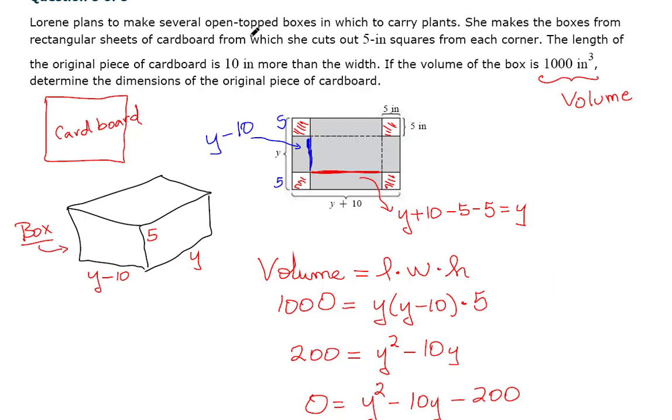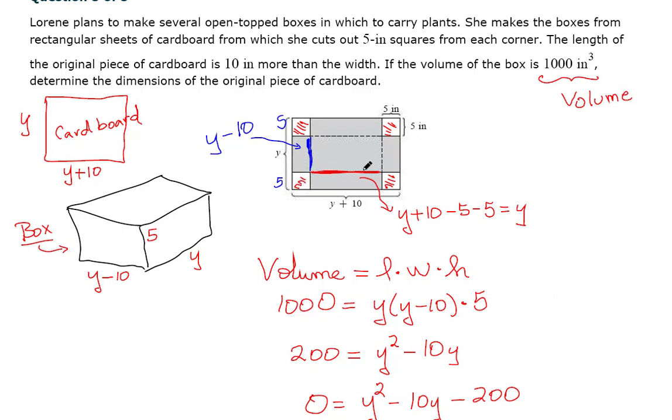We know the length of the original piece is 10 inches more than the width. So if the width is y, the length is y plus 10. Easy enough, right? Now, we are chopping out the corners.